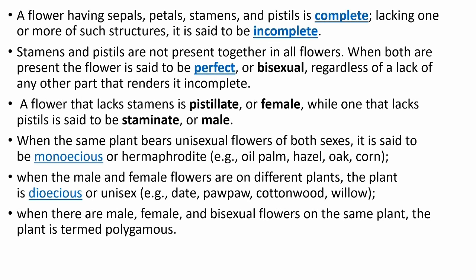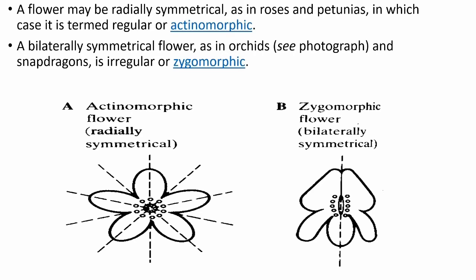So a flower may be radially symmetrical or bilaterally symmetrical. Examples of radially symmetrical flowers include the rose, and we refer to these as regular flowers or actinomorphic flowers.